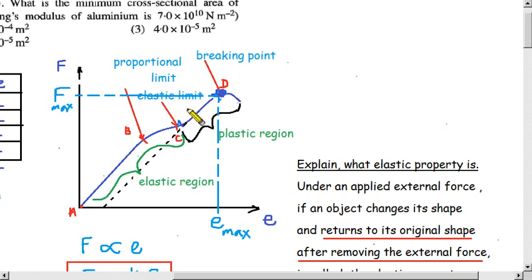If you apply too much force, you could reach the breaking point, at which point the solid, the wire, could snap into two pieces. It can fracture, break, and that's the breaking point of the material.